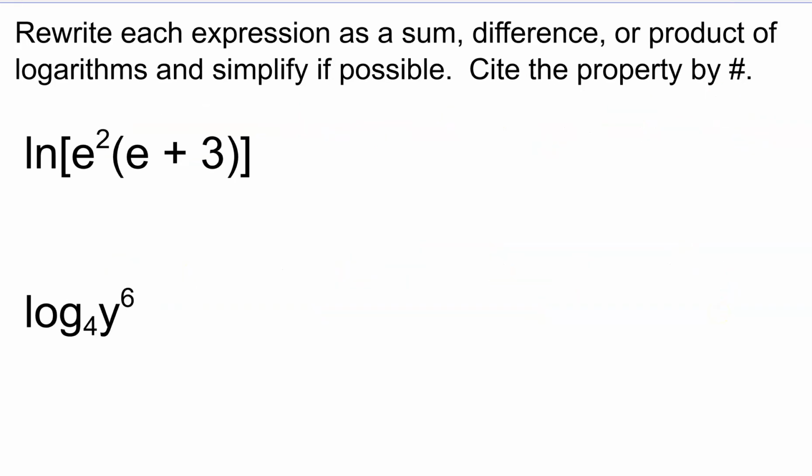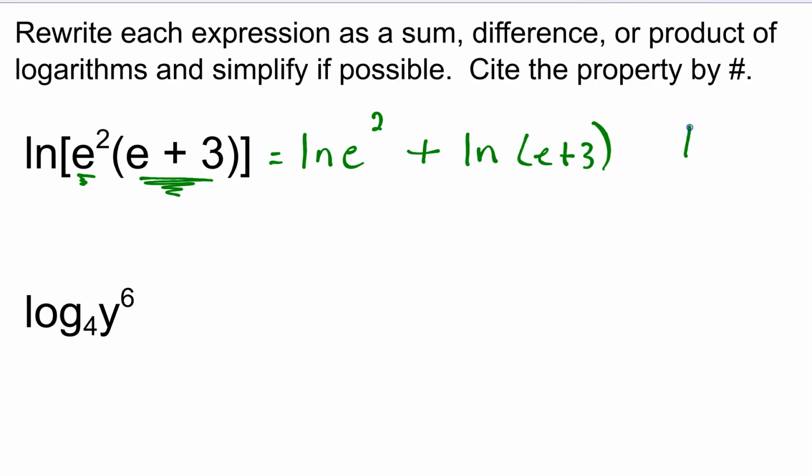Moving on to the next one, rewrite each expression as a sum, difference, or product. Same thing. So this one here, again, it's multiplying. So we're going to take the log of e squared plus the natural log of e plus 3, and that's using number 6.